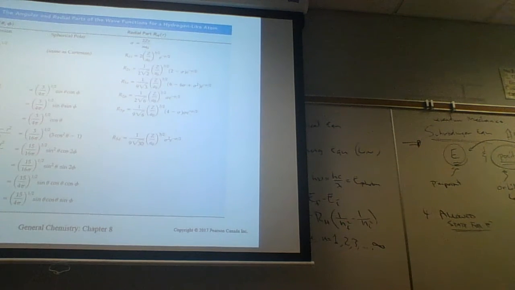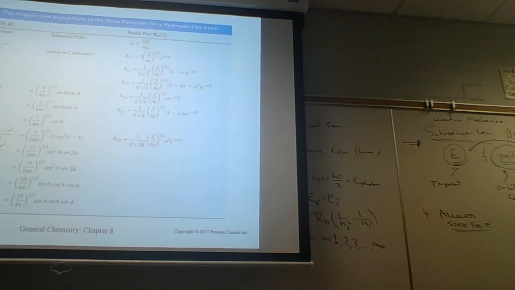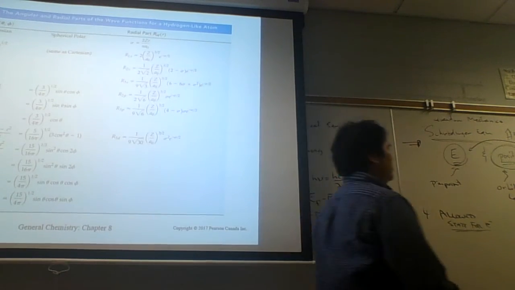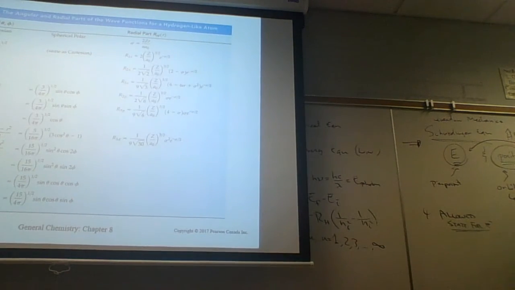We have a Y part and an R part. And these are the mathematical equations for individual answers to the Schrodinger equation. But it turns out that psi is a mathematical function that depends on three variables, n, l, and m.